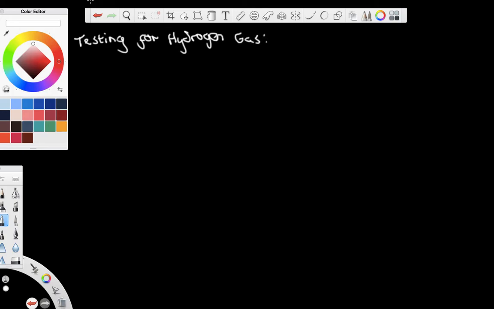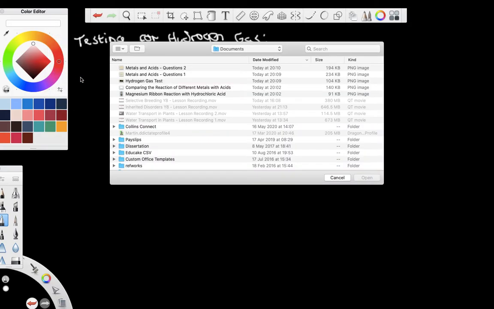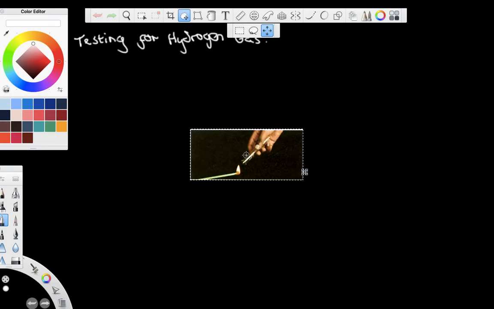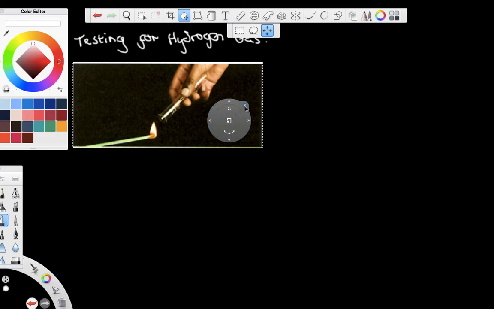And I'm going to add an image from the PowerPoint that shows exactly how we would test for hydrogen gas, and I can make it a bit bigger. So if you suspect that a test tube contains hydrogen gas, you can add a lit splint to it, you can put a flame inside the test tube, and if it is hydrogen, there will be a squeaky pop.